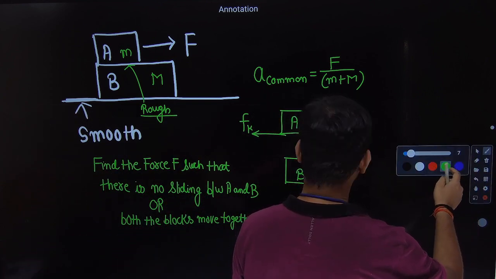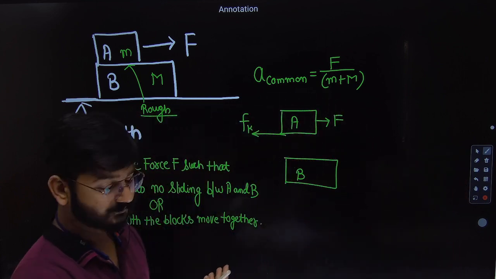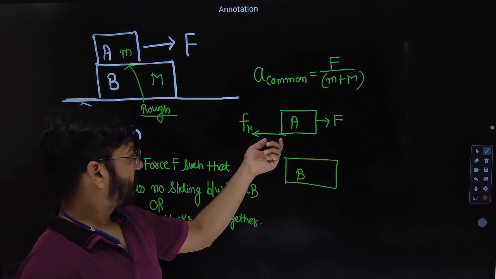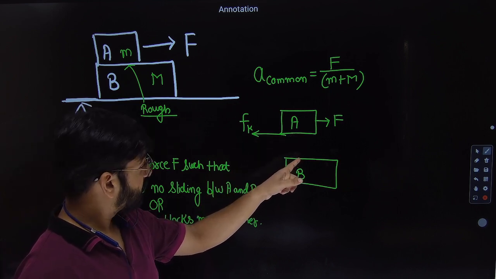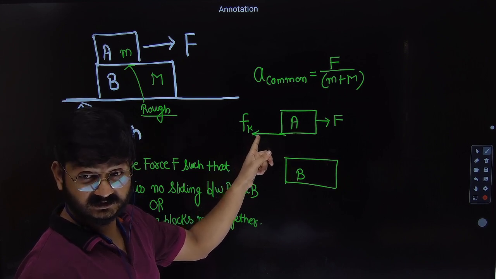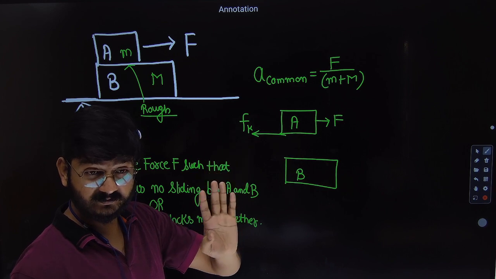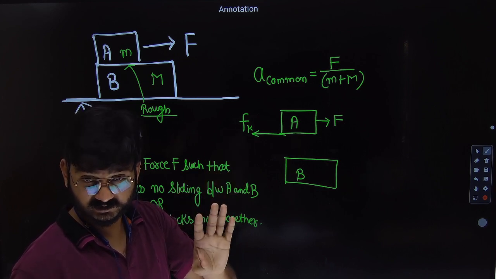Let's understand why. All of you see the board. If you see the common surface between A and B, if this is action, reaction will be in which direction? Opposite. There are multiple methods to understand this. I will explain by two methods. Whatever suits you, you can remember that.